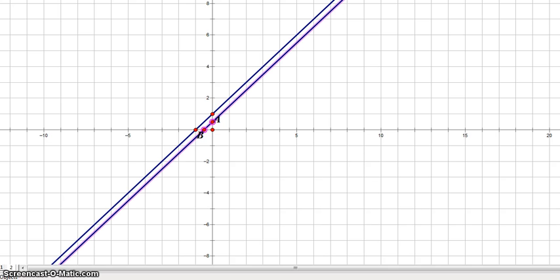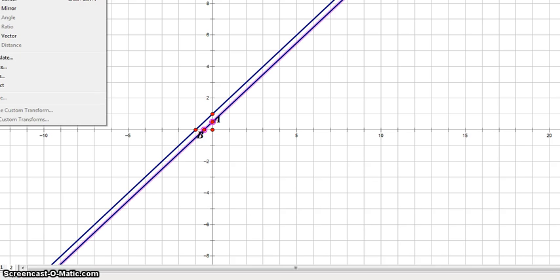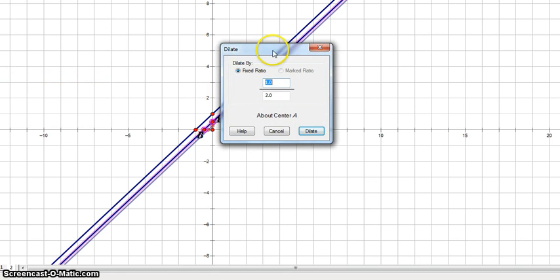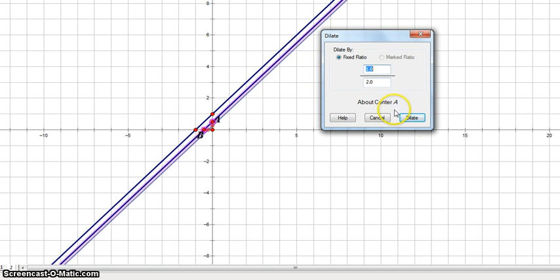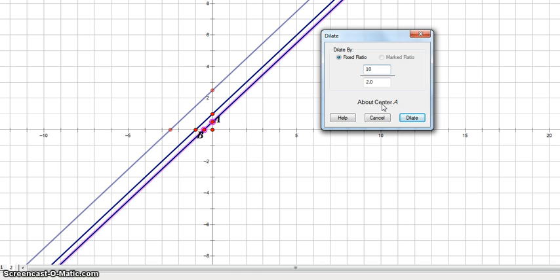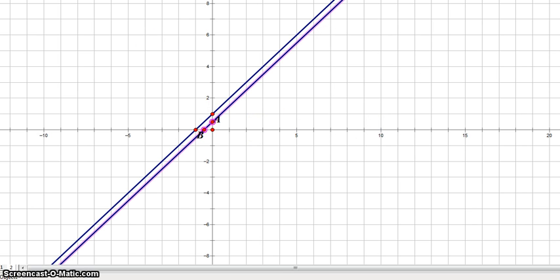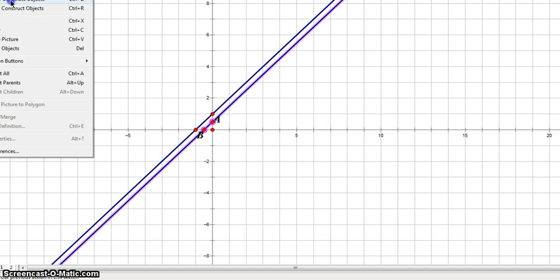No matter what I dilate it by, you should notice it's always going to have the same slope, no matter what my scale factor is. This is 5/2. How about 5? Whoops. That's a scale factor of 5. This one I'm dilating the second one. I'm dilating the result. So let me go back to the original.